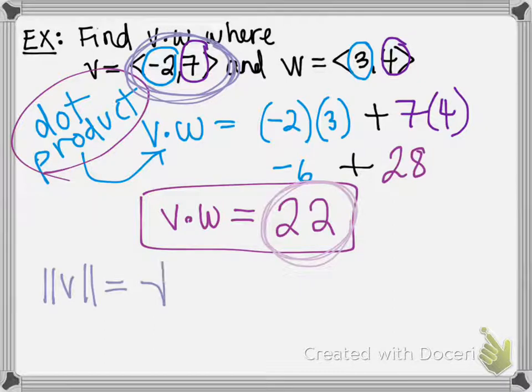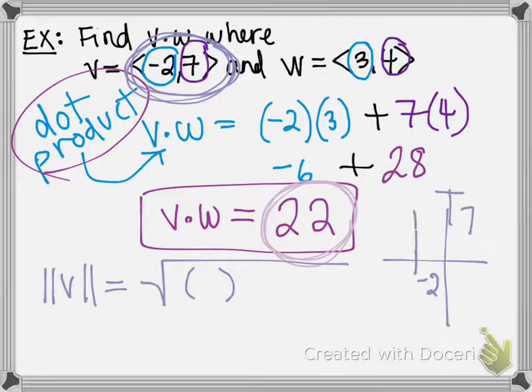So remember, we could just go square root, and then we're going to square our two sides. So we're going to do how long is v. If you want to think of it visually, you guys, I'm going to erase this in a second. But remember, here's my axis. -2 would go this way 2, and 7 would go up 7, right? So it would look something like this for my vector, right?